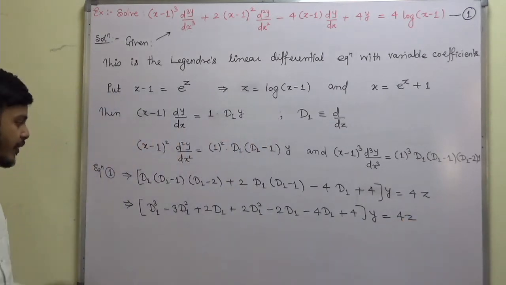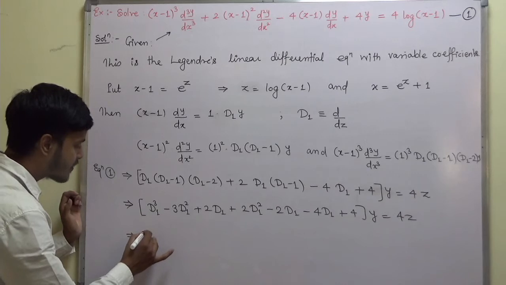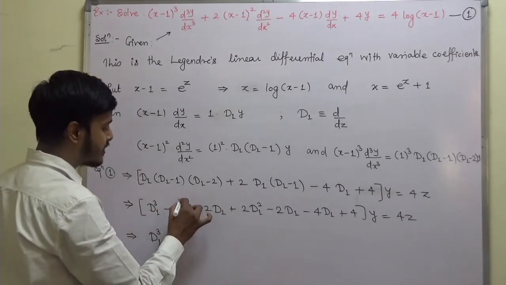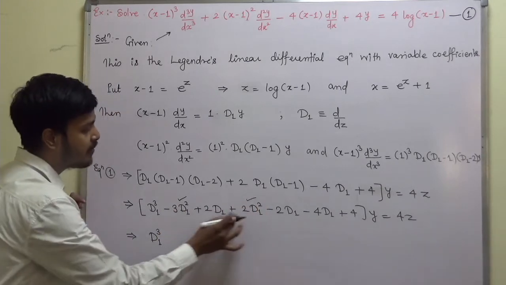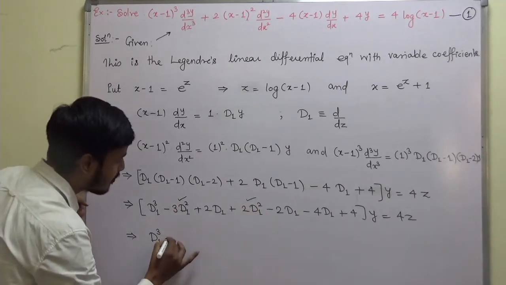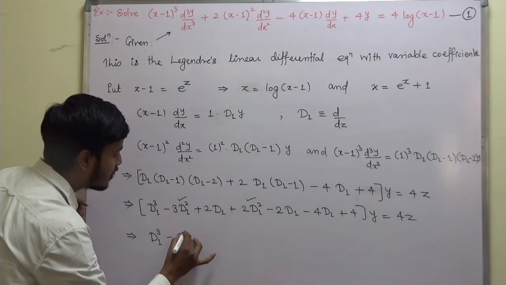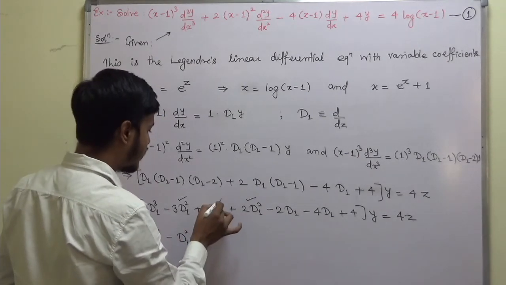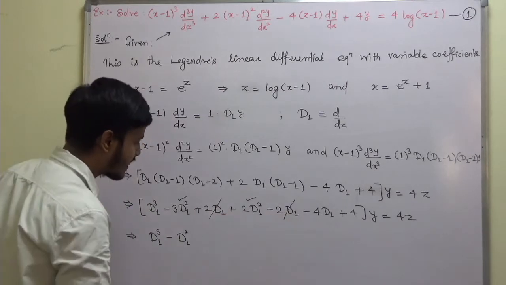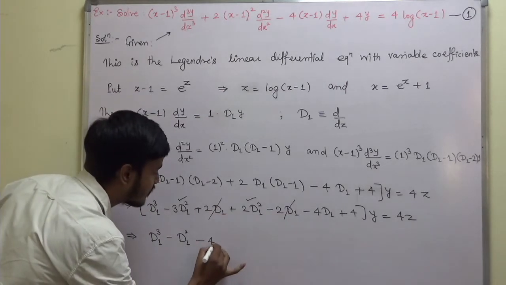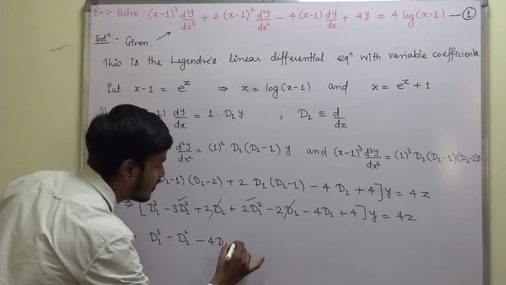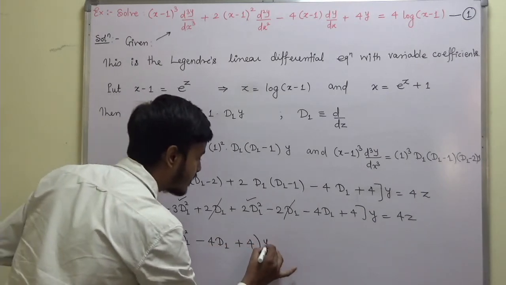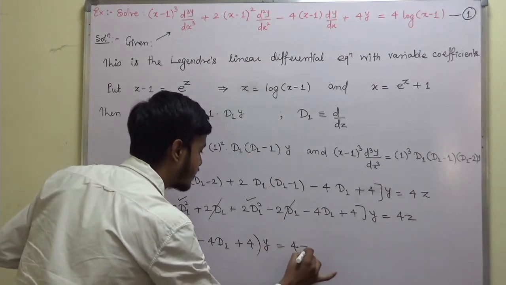Simple. Now collect the like terms: D1 cube minus D1 square, then plus 2 D1 minus 2 D1 get cancelled, and minus 4 D1 plus 4, operating on y is equal to 4z.